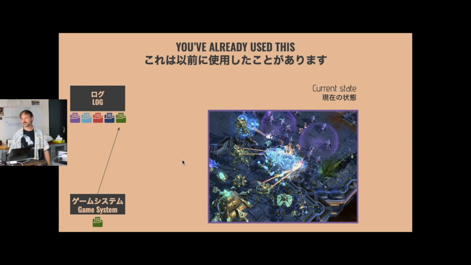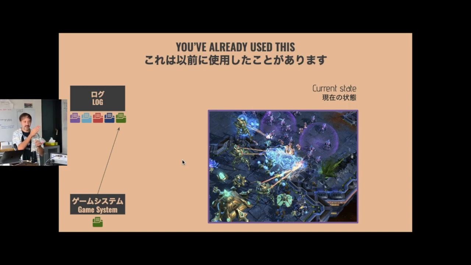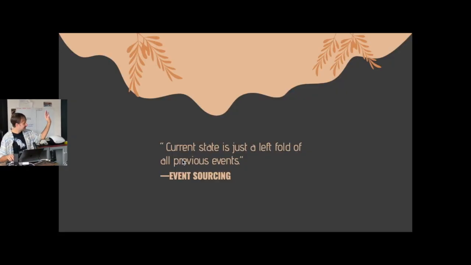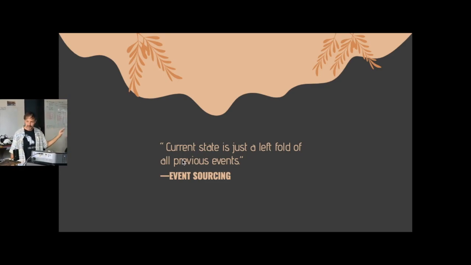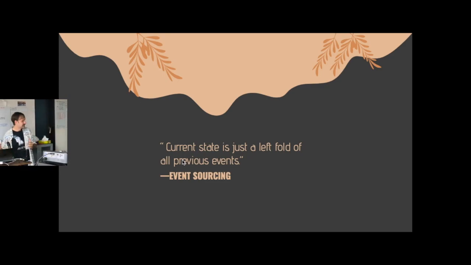Game systems. StarCraft, I think, is the best example. A StarCraft game state is just running the same StarCraft engine function over the events of input from both players, all the way through. So this is, if you think about it, your current state is just a left fold of all previous events.